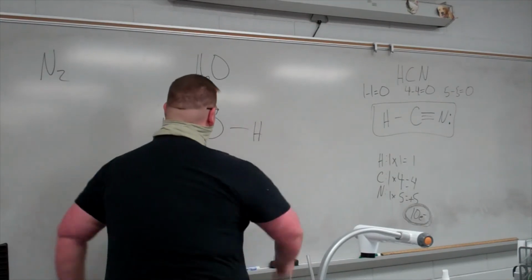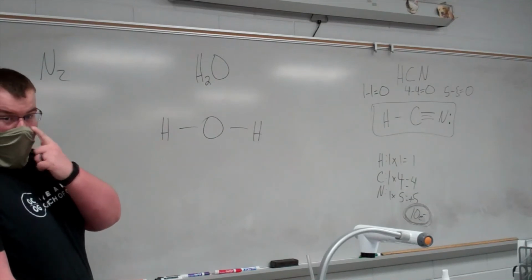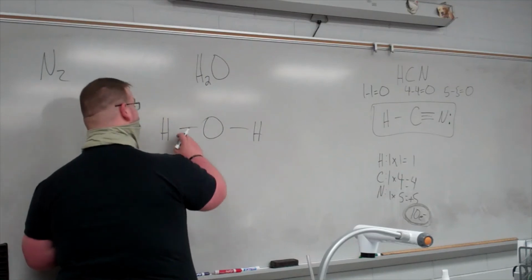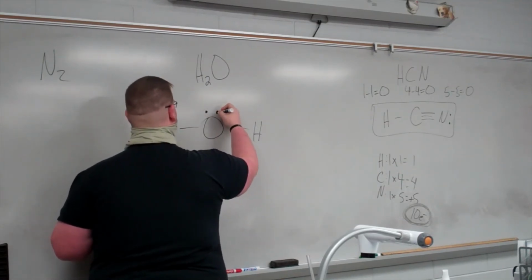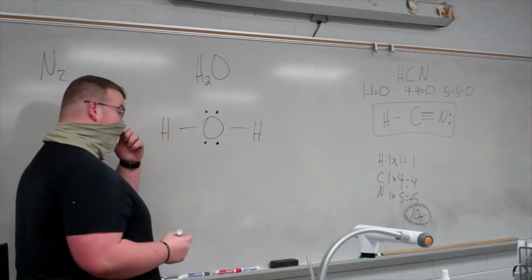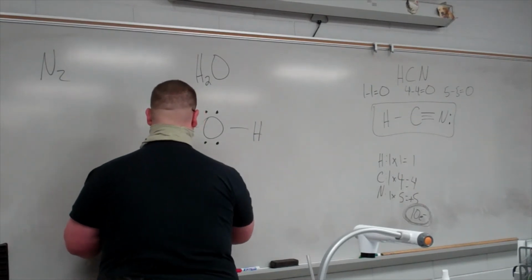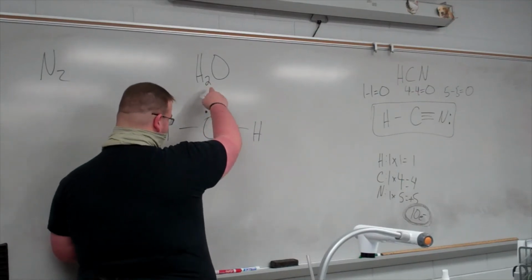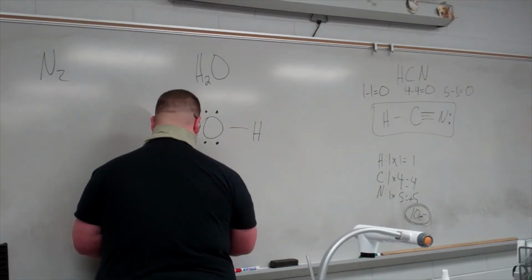Only a single bond. What about the oxygen? Full octet. Give it 4, because the bonds are electrons, and I have 4 coming from the bonds. So 1, 2, 3, 4. Calculate how many electrons you can show and must show. How many hydrogens we got? 2. How many oxygens? 1.